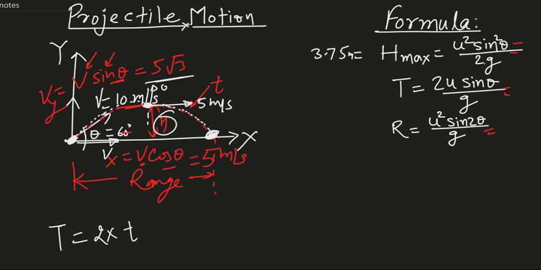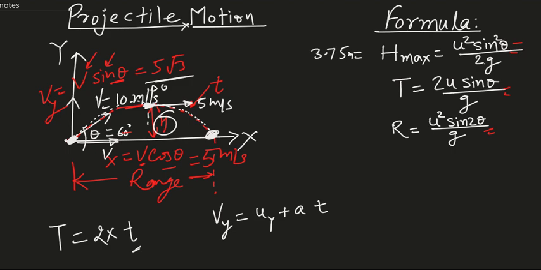Okay, so t is the time taken by the particle when it reaches this point, which is the maximum height point. Now to get this time, we can use this equation, which is vy equal to uy plus at.